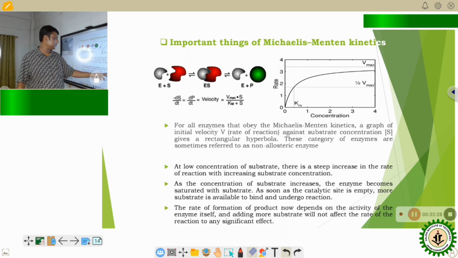As the substrate concentration increases further, the enzyme becomes saturated with substrate. As soon as the catalytic site is empty, more substrate is available to bind and undergo reaction. The rate of formation of product now depends on the activity of the enzyme itself, and adding more substrate will not have any significant effect on the rate of reaction. So it becomes constant.